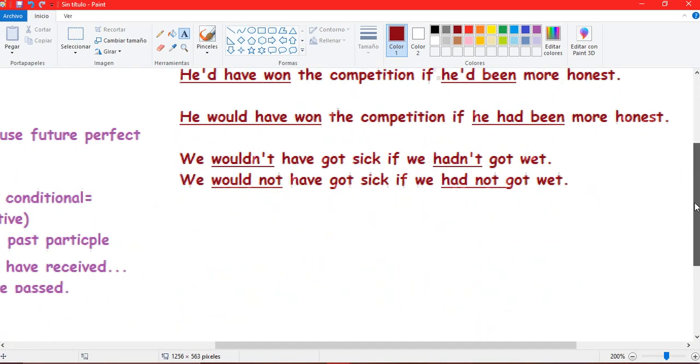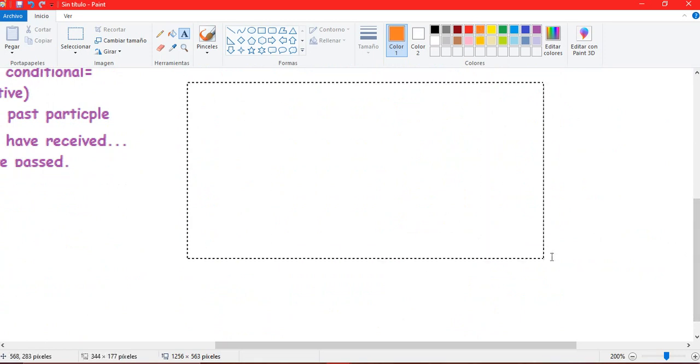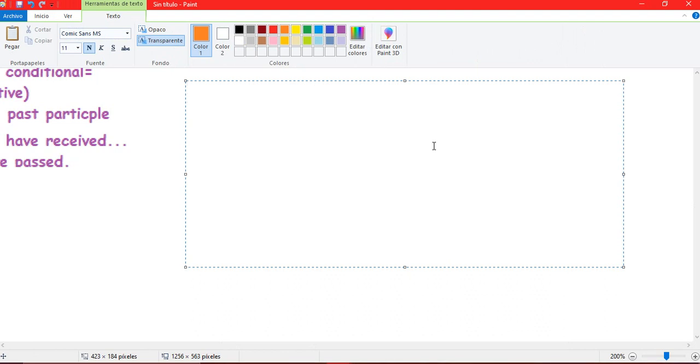Okay, so with this we can change the order of the cause and the consequence, but they continue to be the cause and the consequence.